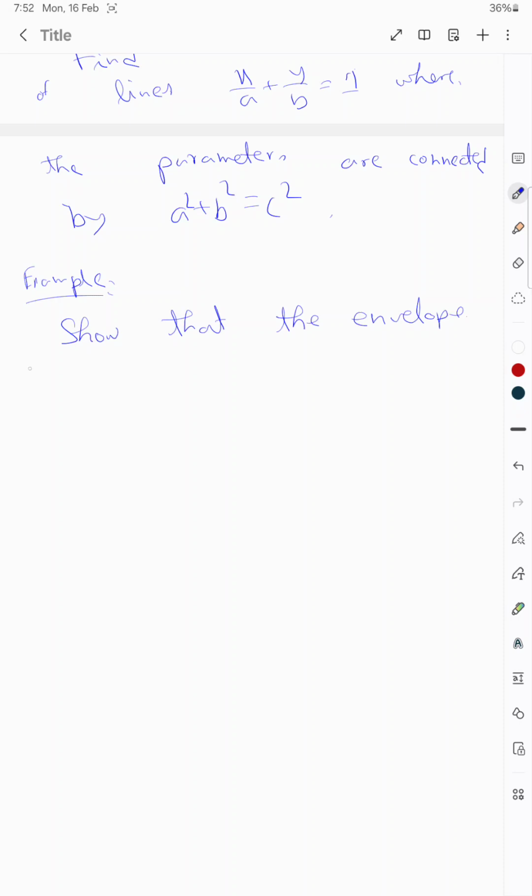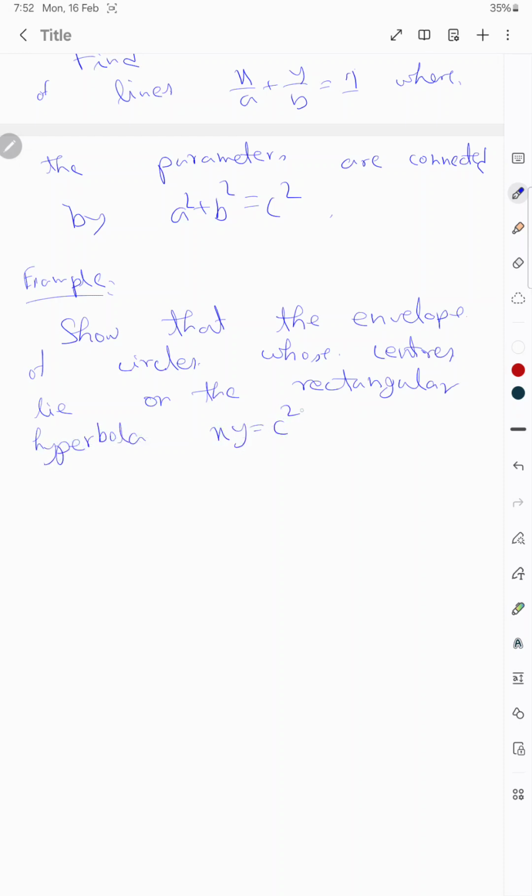Okay, so the envelope of circles. So this is the problem.